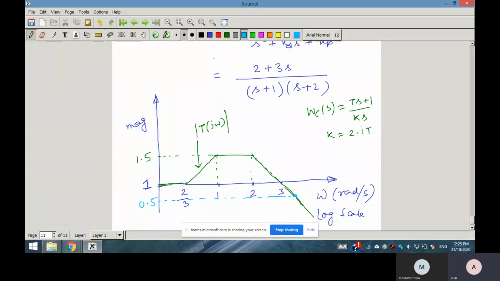So the plot of this one will look like this. So this is the plot of Wc(s). What is this frequency? This frequency is 1 by t.